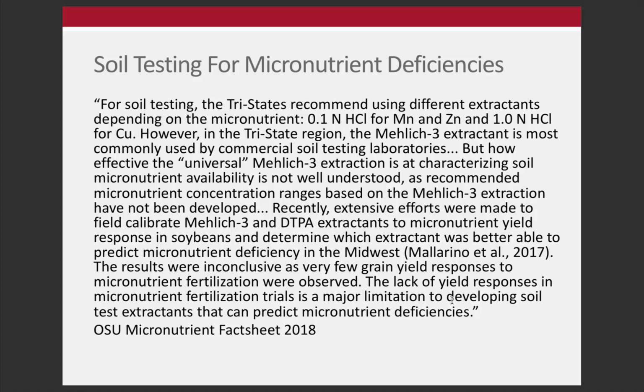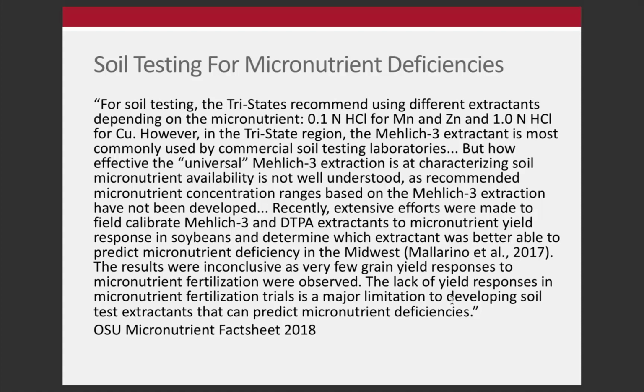And commercial soil testing labs really, I don't know of any of them that do this on a routine basis. So by far, when they're assessing micronutrient deficiencies from a soil test, they're going to be using a Mehlich-3 extractant. And the problem is that we don't really know how universal or how effective Mehlich-3 is as an extractant for micronutrients.